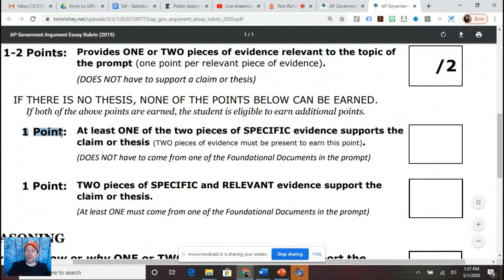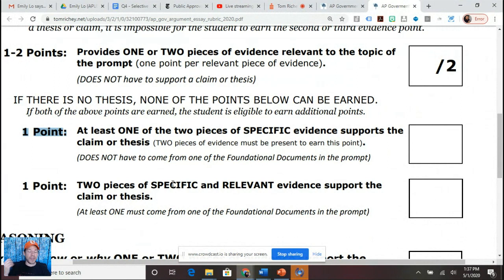This first point in this section does not have to come from one of the foundational documents in the prompt. But to score the second point, you will have to use at least one of these documents, or court cases, anything else that you know from AP government. So anything that is out there, you're not confined to foundational documents.